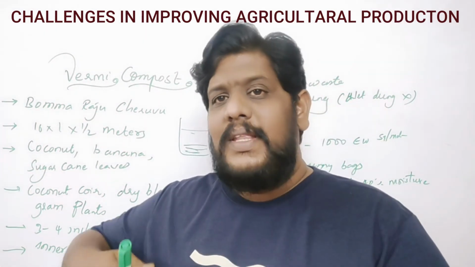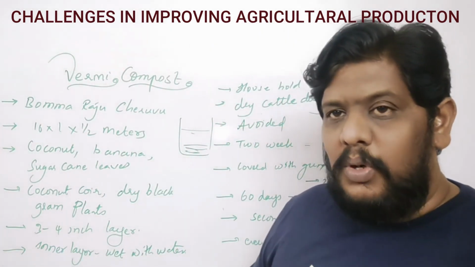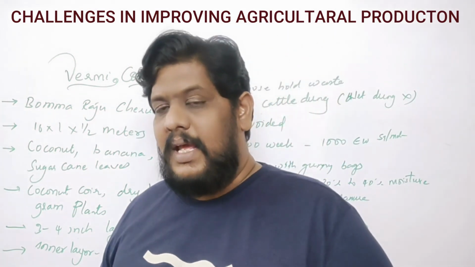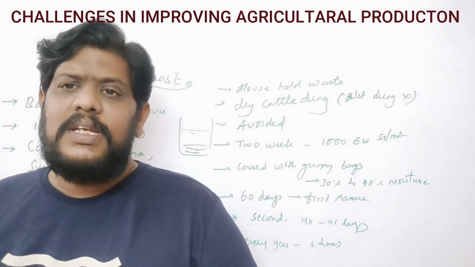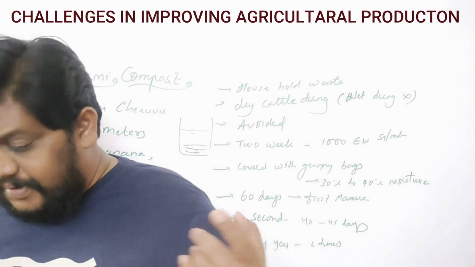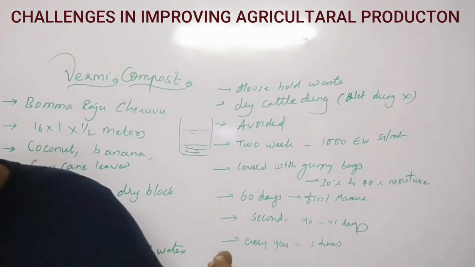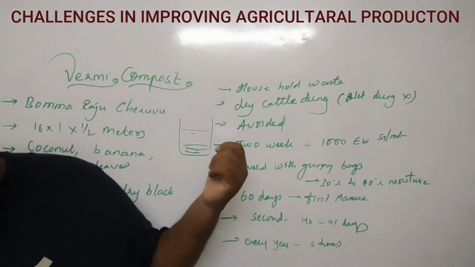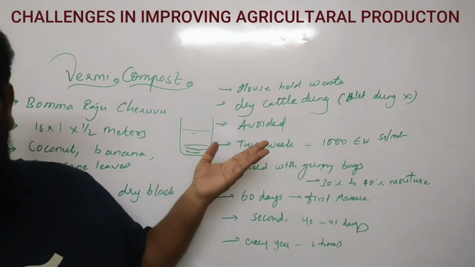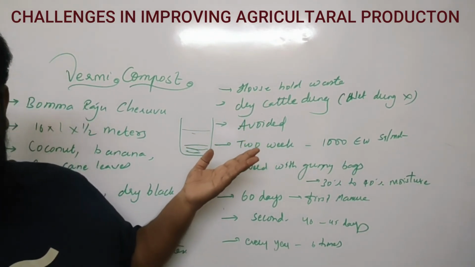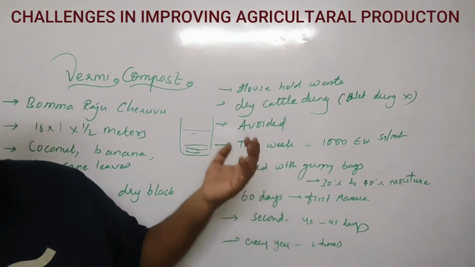Now, when they use the vermicompost, they are able to notice some differences. So what are the differences they have noted? The first difference is that after using the organic manure, they did not invest much in the artificial or chemical manure.